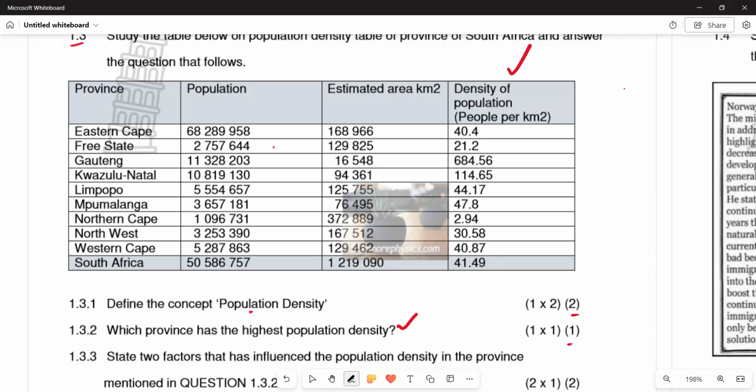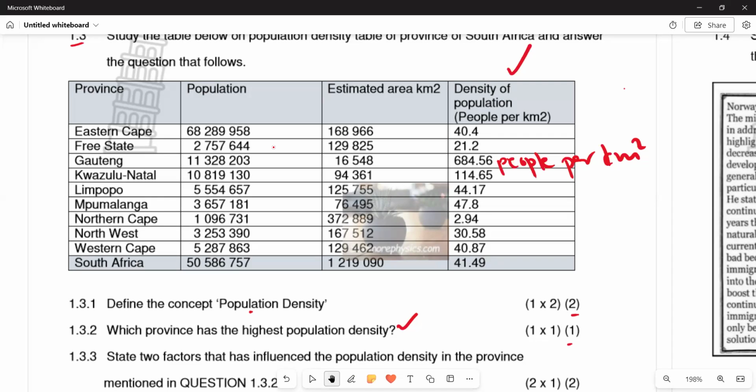That is people per square kilometer. So the 684.56 that we have represents people per square kilometer.